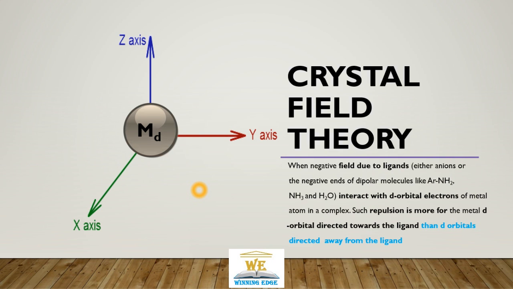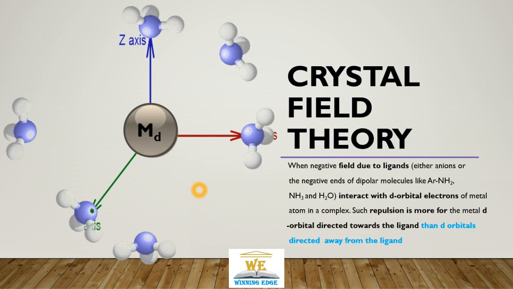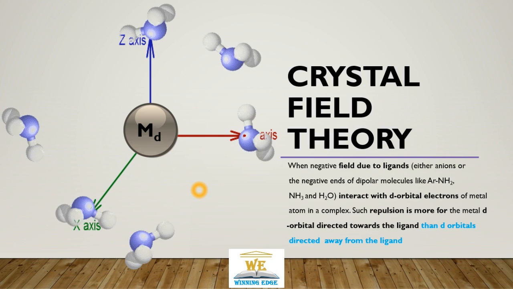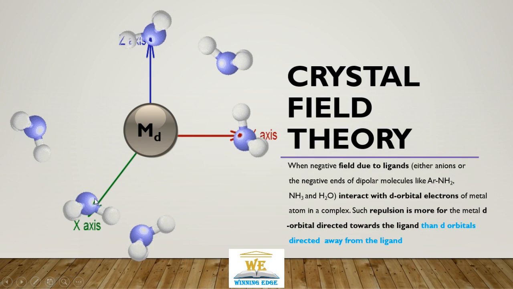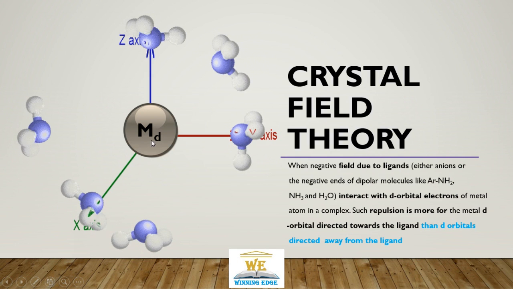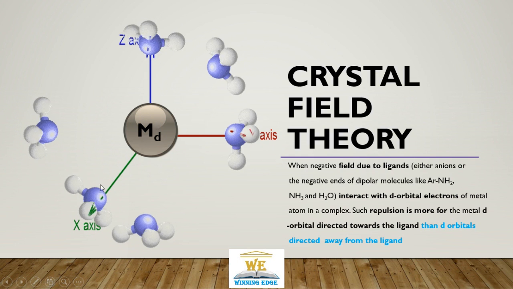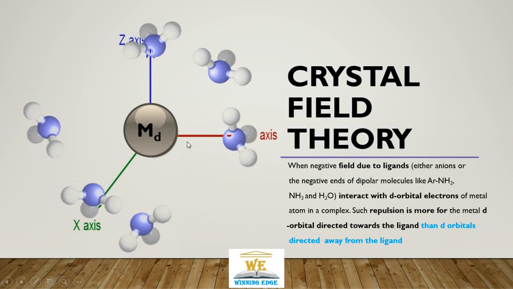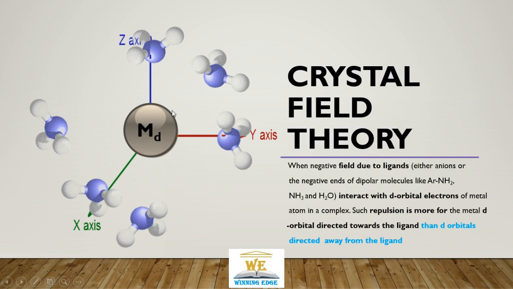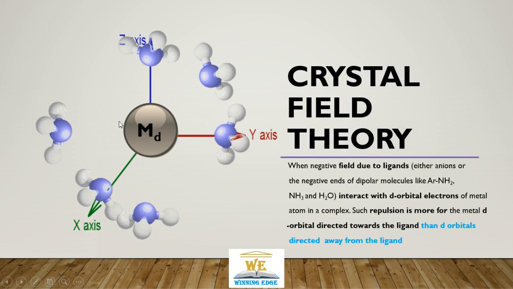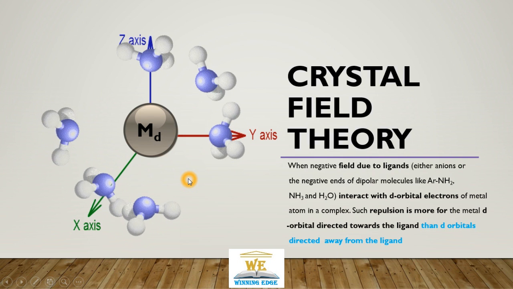This is a 3D arrangement. Let's say 6 ammonia molecules are approaching the metal. During their approach, the d orbitals along the axis, where the molecules approach directly, will face greater repulsive force, and the orbitals that are arranged in between the axes face another sort of repulsive force.